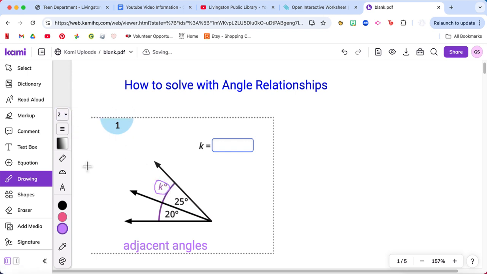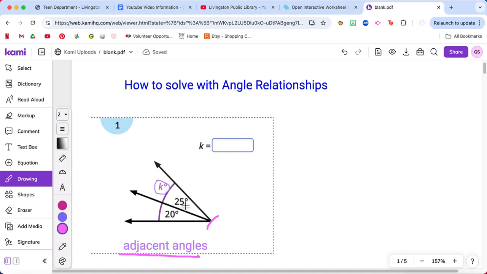So we would call this adjacent angles because they share a common vertex. So let's start. What we would have to do for adjacent angles is add them up.